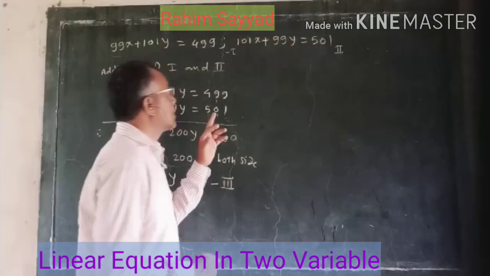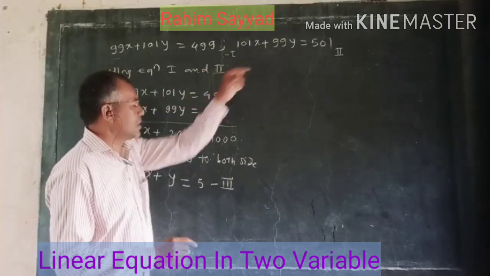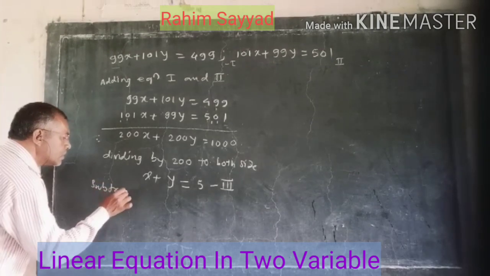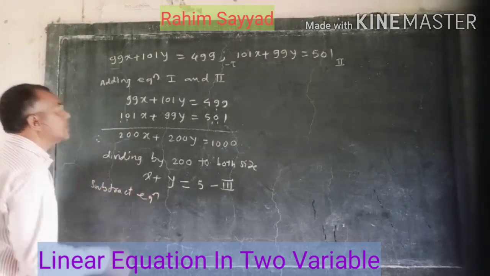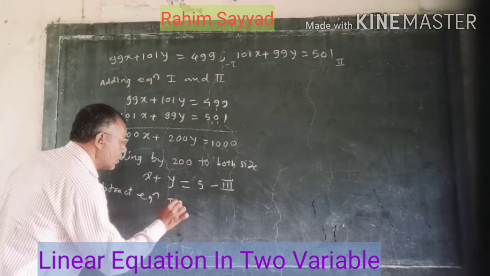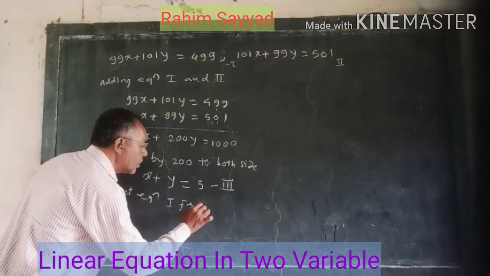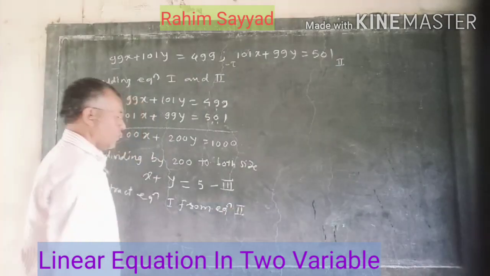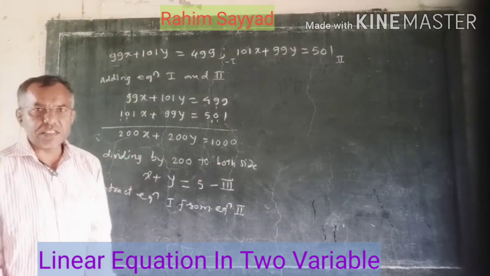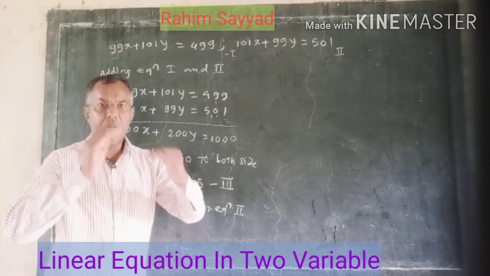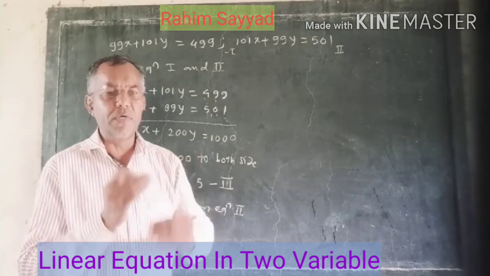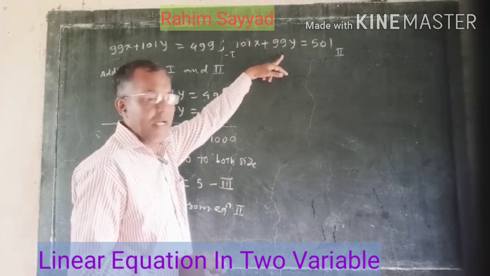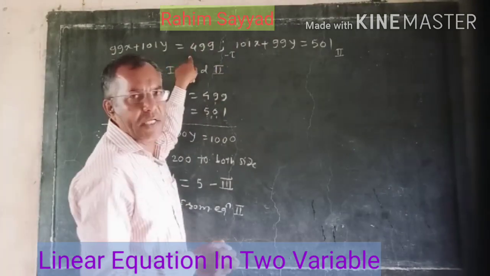After adding these two equations, you have to subtract equation first from the second. Now we will write here: subtract equation first from equation second. After this, you have to write these two equations one by one. At first, write equation second and after this equation first.